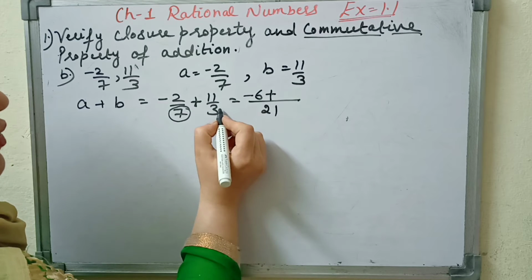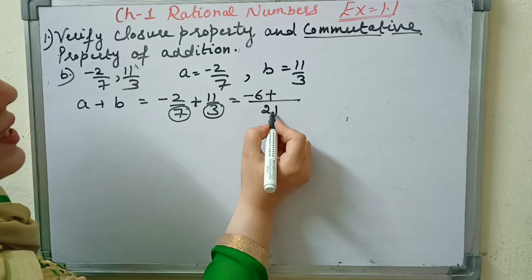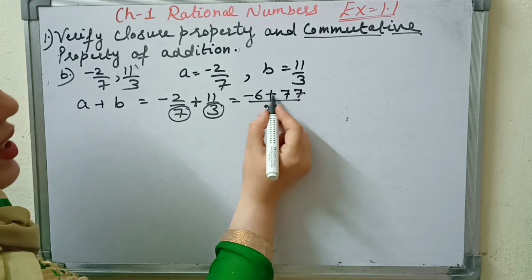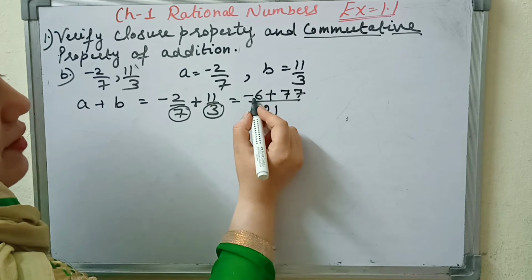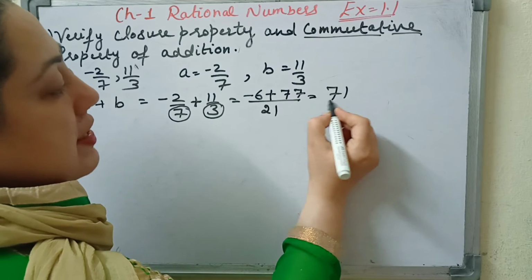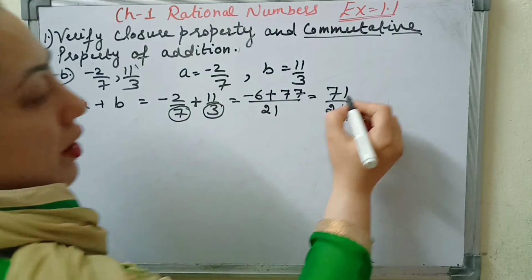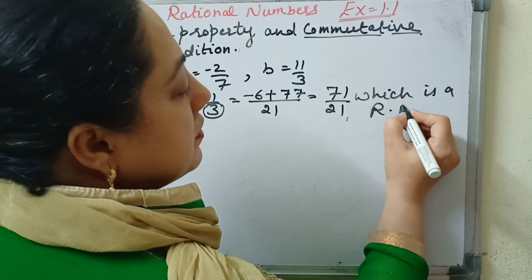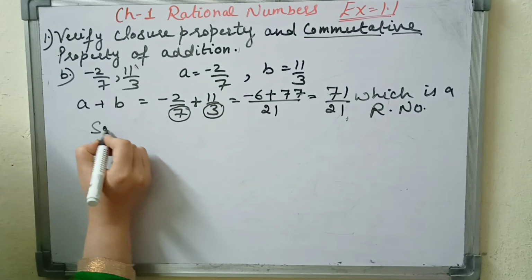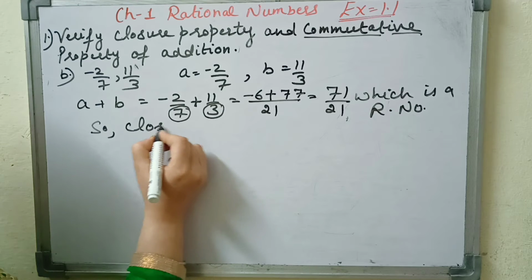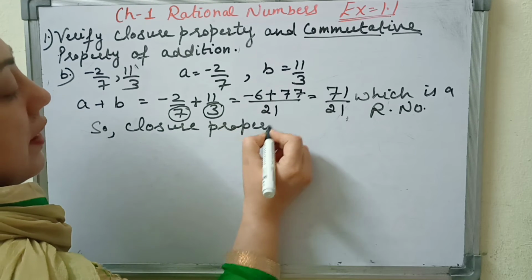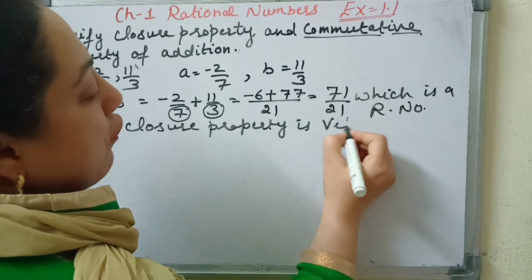Again, 21 divided by 3 we get 7, and 7 multiplied by 11 is 77. Minus 6 plus 77, it is 71 over 21, which is a rational number. So, closure property is verified.